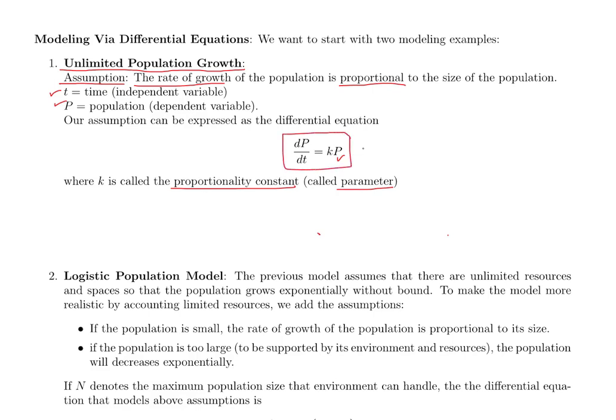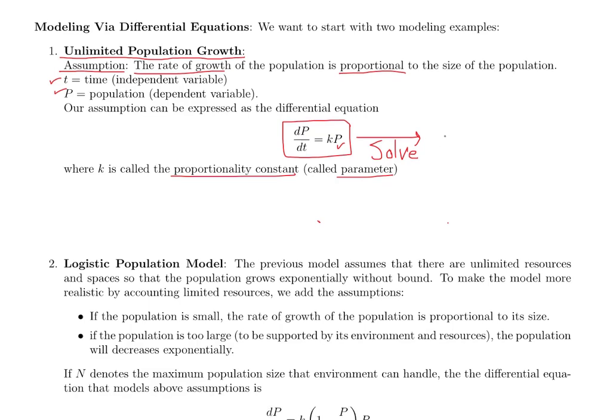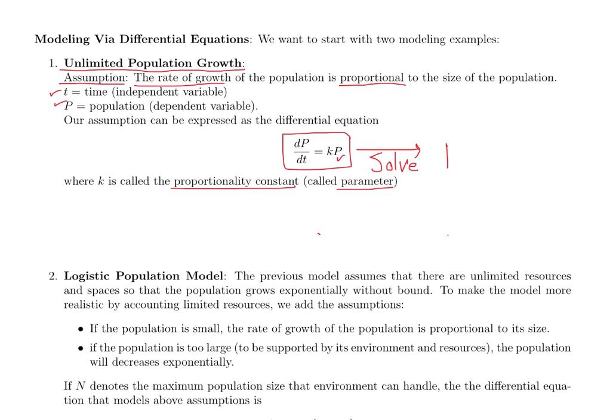And if we solve this equation, and in the next video we will discuss the method to solve this equation, but for now just let me write down the final answer, which is population p of t is some constant p0 e to the k times t.